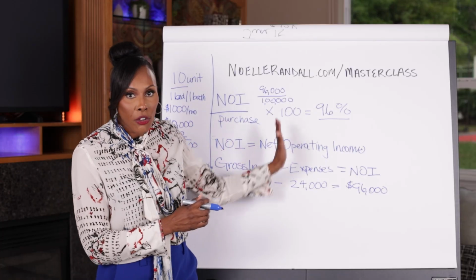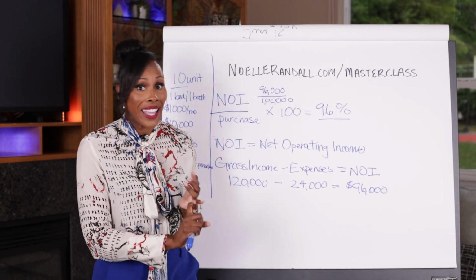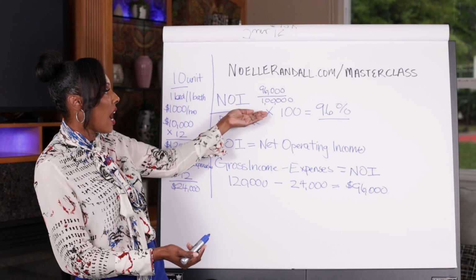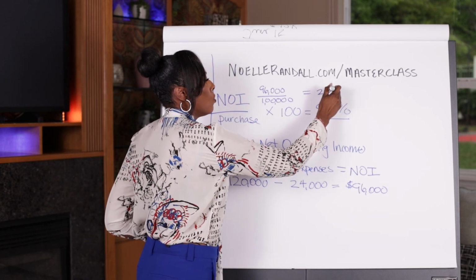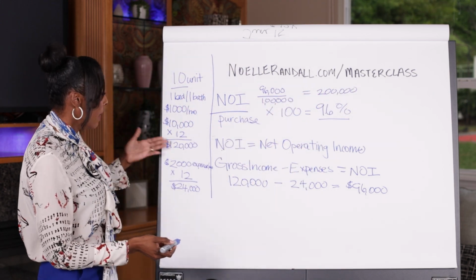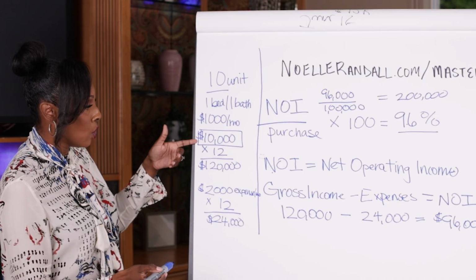There are so many other calculations, like your internal rate of return and your cash on cash, because again, I may buy this, okay, it's $1 million. Say I put down 20%, and that is $200,000. And then as soon as I close on it, bam, look at that, I'm getting $10,000 a month.